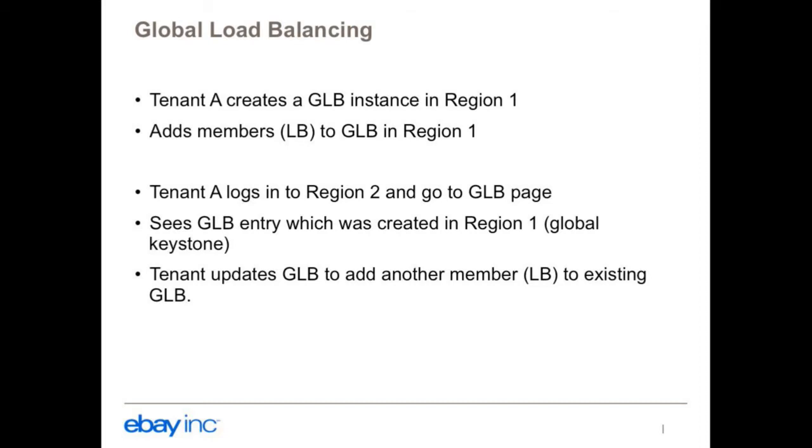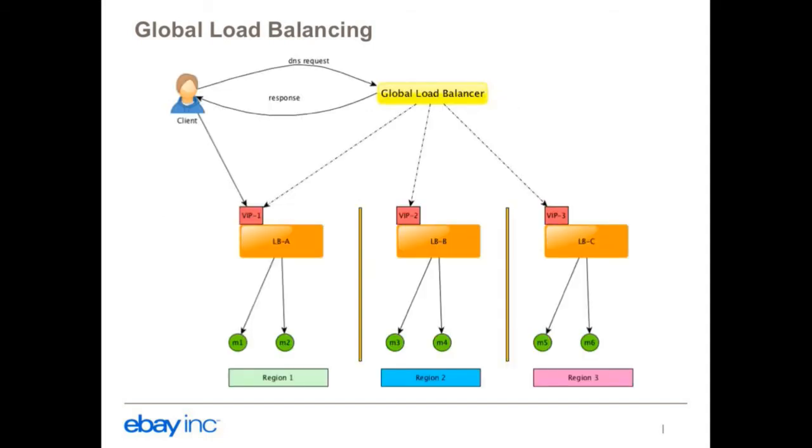Once that GLB member is added, the same tenant can go to another regional cloud and do the same steps: create a LB for the application running in that region, and then add that LB to GLB. By doing this, he will ultimately achieve this model where all the LB webs are part of the global load balancer, health checks are performed across the regions, and traffic is distributed across the regions.